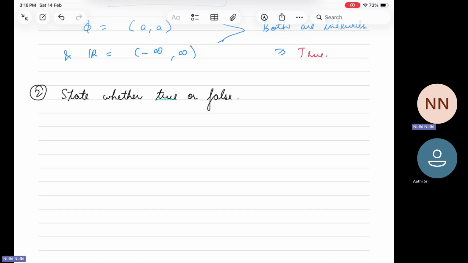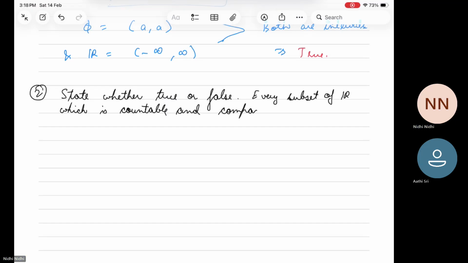Every subset of R which is countable and compact must be finite.